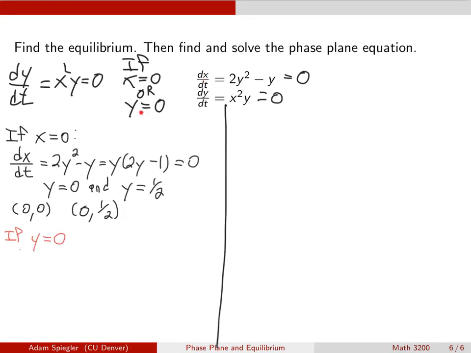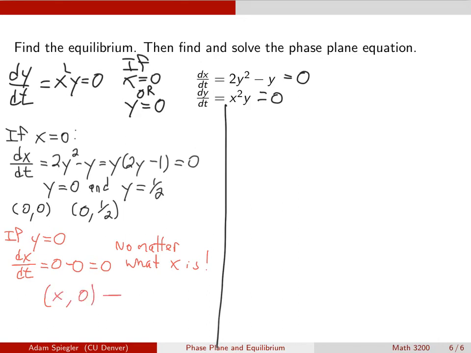For the other condition, if we have y is equal to 0, then the equation for dx/dt would be 2 times 0 squared minus 0. So dx/dt is going to be equal to 0 no matter what value of x we pick here. In other words, if y is equal to 0, that's going to guarantee that both differential equations are 0.